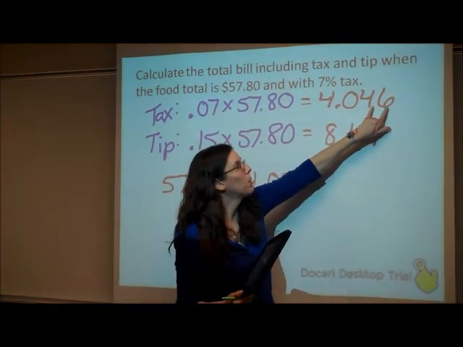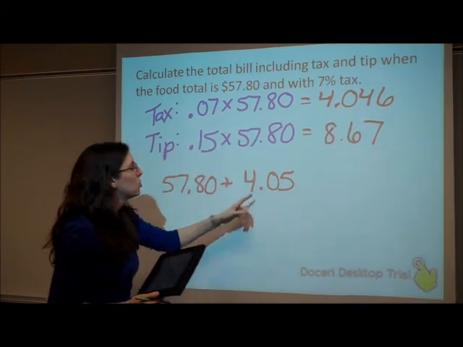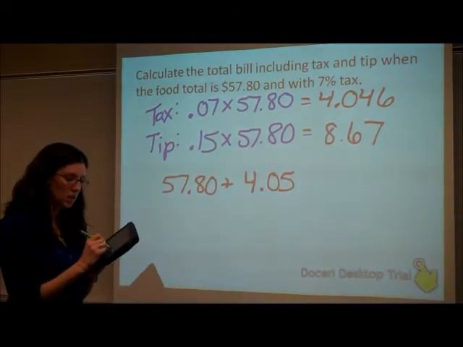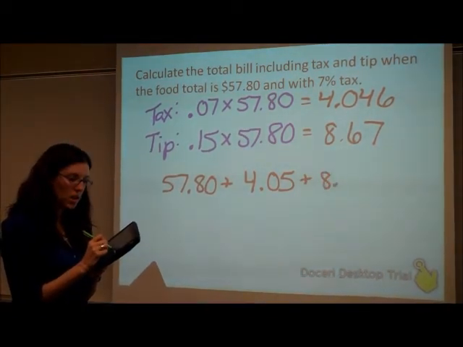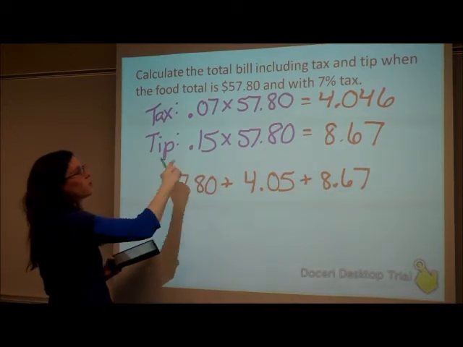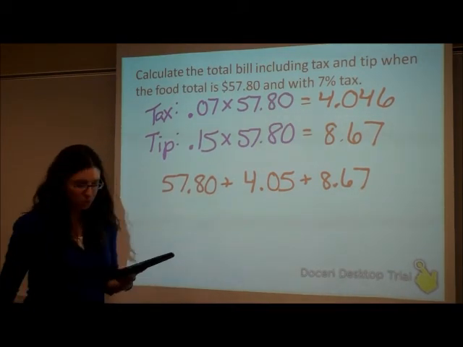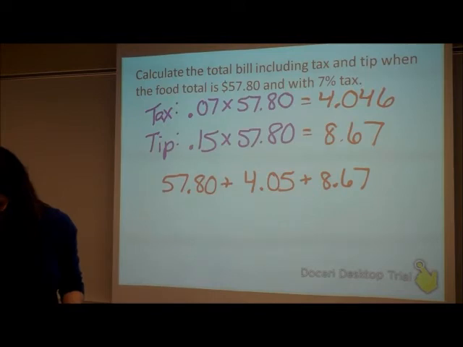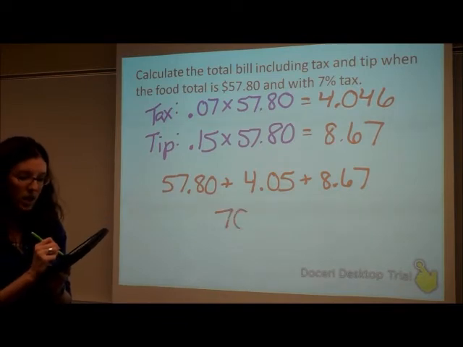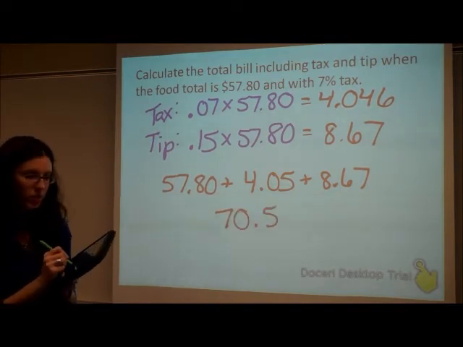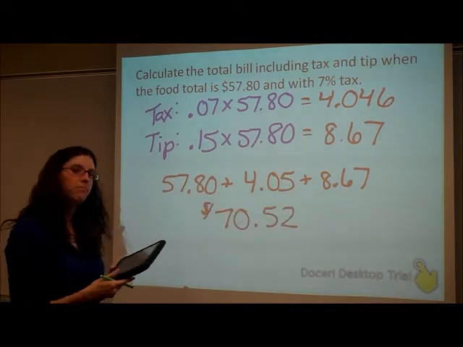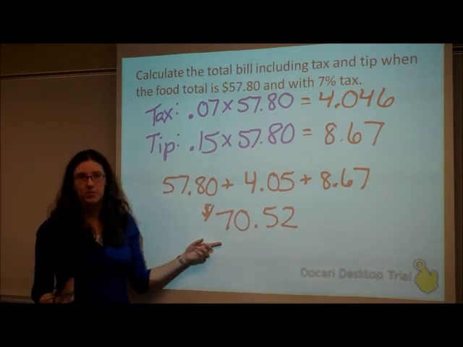Do I keep that at 4 or bump it up? I need to bump it up. So it'll be $4.05 plus $8.67 for my tip. So I need to pay all three of those together, which gives me a total of $70.52. So that would be my total bill.